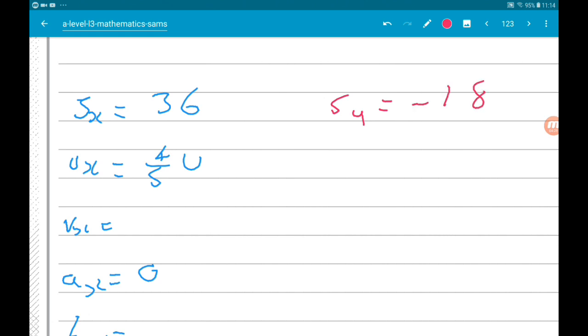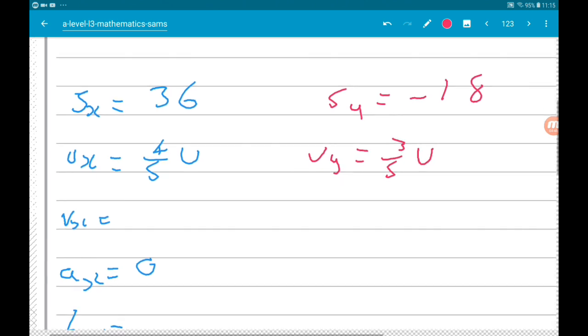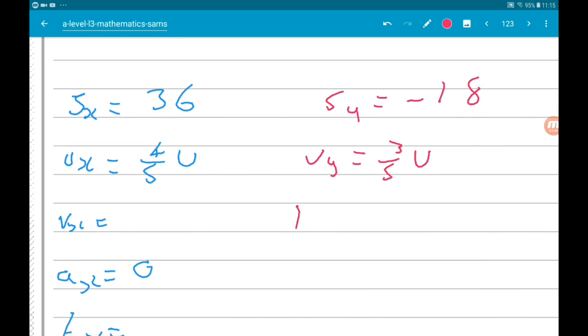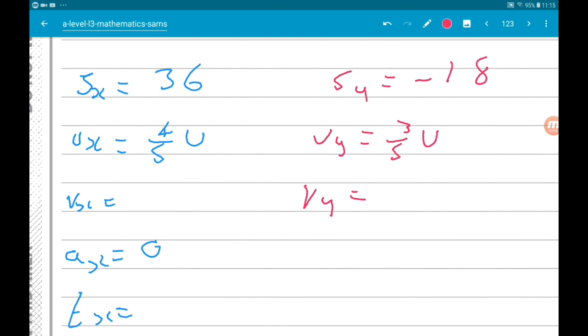The initial velocity vertically is u sin alpha, so 3/5 u. Again, we don't know v. We know that our acceleration is minus 10.